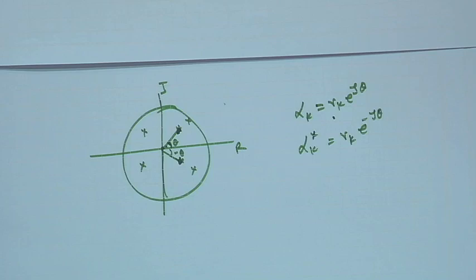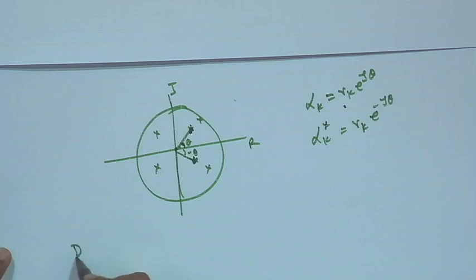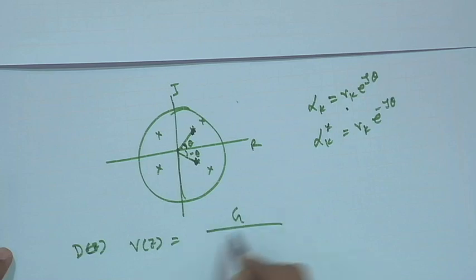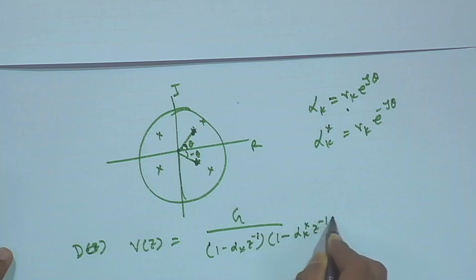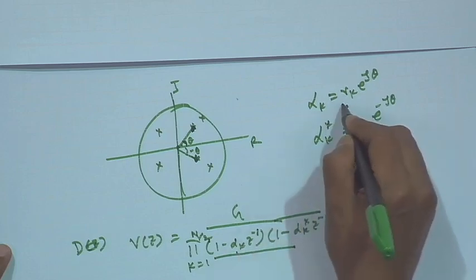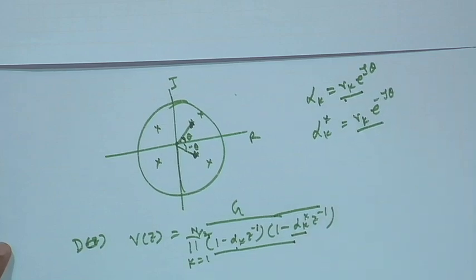Okay. Now, interpret the value of alpha. If I put the value of alpha in here, then V(z) will become G divided by the product for k equal to 1 to n/2 of (1 minus alpha_k z to the power minus 1) into (1 minus alpha_k star z to the power minus 1). Instead of alpha_k I put r_k e to the power j theta, and instead of alpha_k star I put r_k e to the power minus j theta.